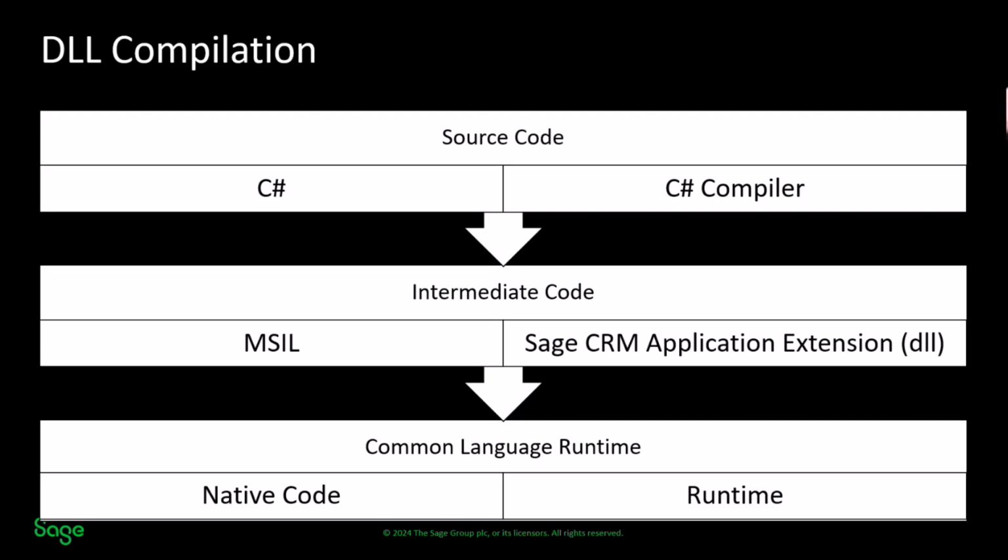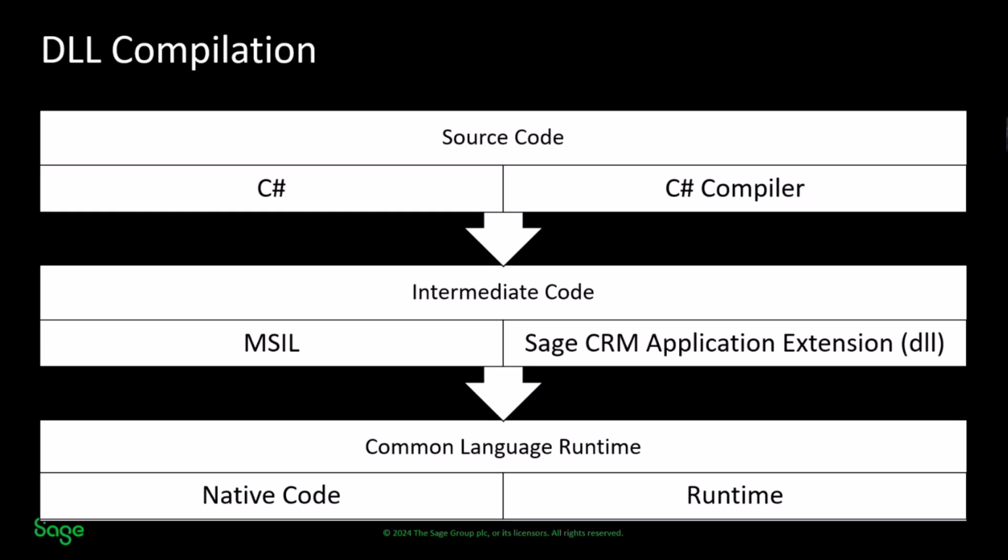It works on the basis that what we are relying on is this .NET model from Microsoft, where we write in C#. We're using a C# compiler to generate from our source code some intermediate code, or Microsoft intermediate language, which is the form in which we will have generated our application extension, the DLL that is sent across to the system.